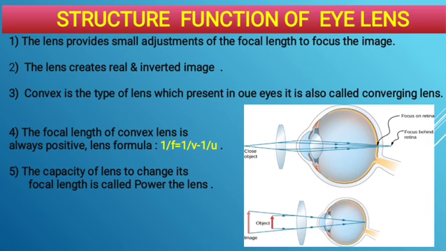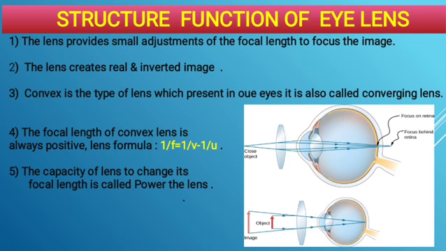Here are some basic points. The formula for the lens is 1 upon f equals 1 upon v minus 1 upon u. Here f is the focal length, v is the image distance and u is the object distance. The minimum distance of an object from a normal eye at which it is clearly visible without stress on the eye is called the minimum distance of distinct vision.